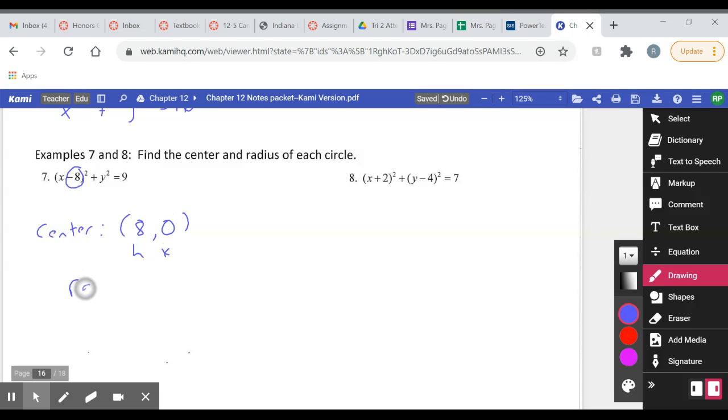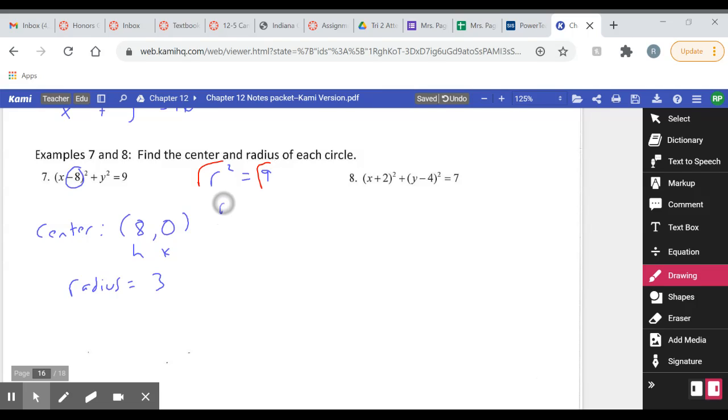And my radius is the square root of 9, which actually ends up being 3. Okay, and then if it helps you to show work for that, you certainly can do that. Sometimes that helps just not make a careless mistake with it.